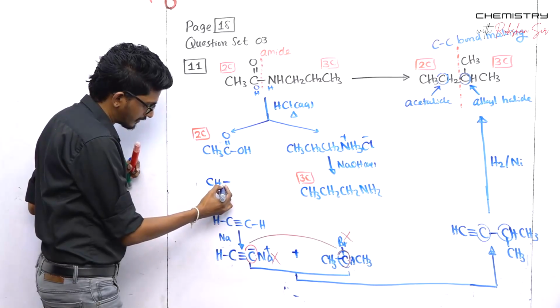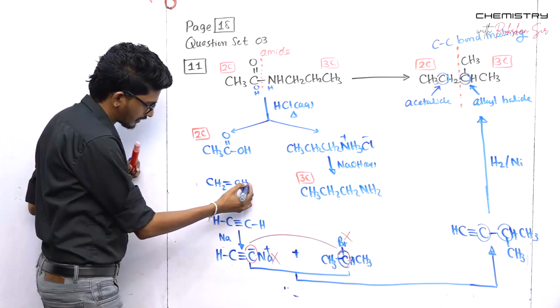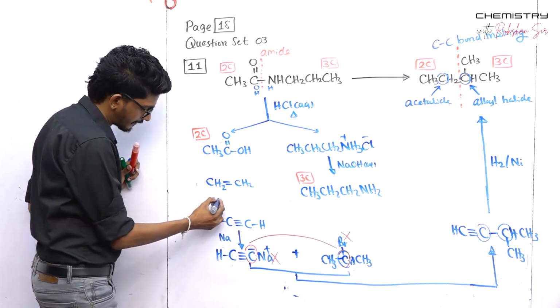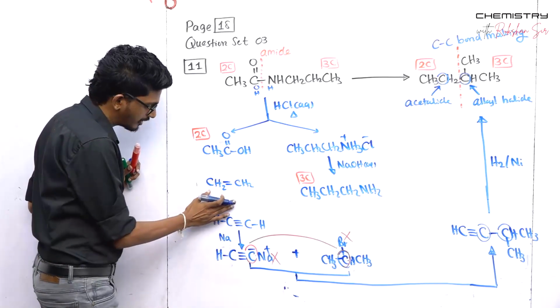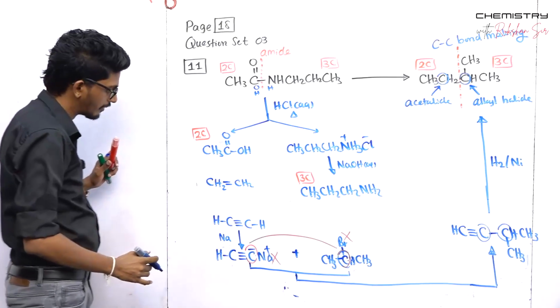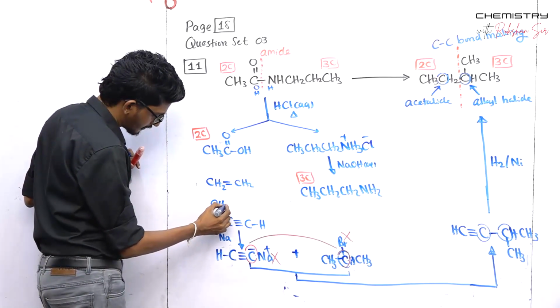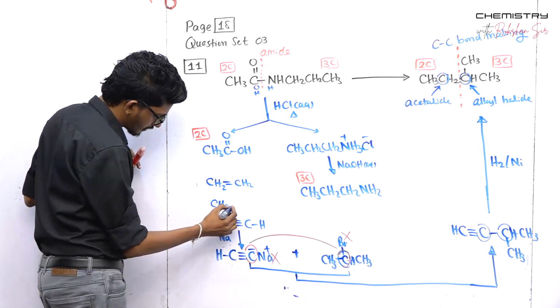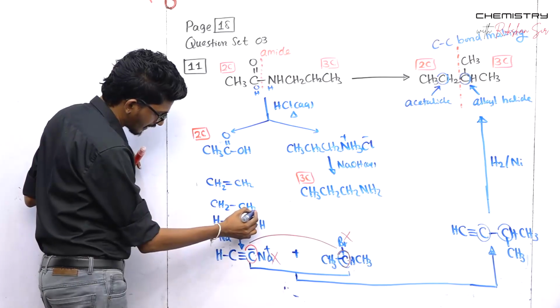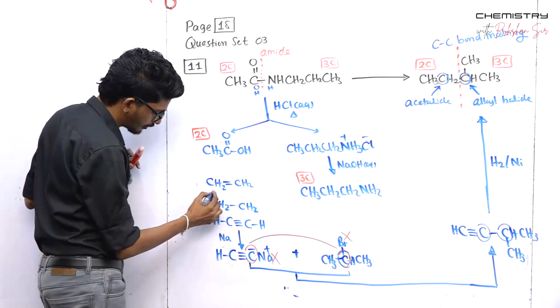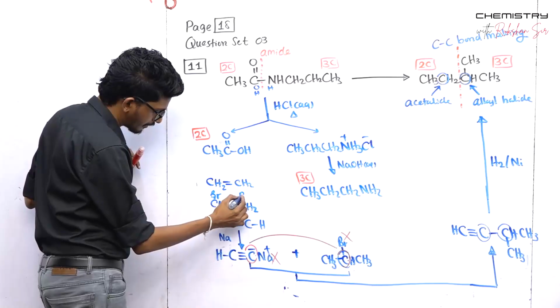For the double bond, add 2 Br atoms and then remove the 2 HBr molecules. That is how the triple bond is made.